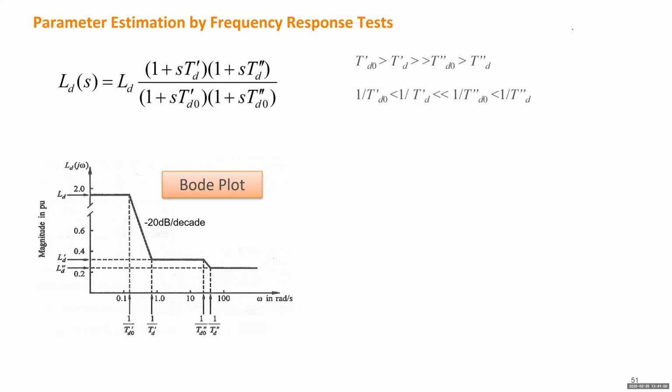Then you gradually increase the frequency until some value bigger than or close to this one, the smallest one. Then you will see the slope become around -20 dB per decade.